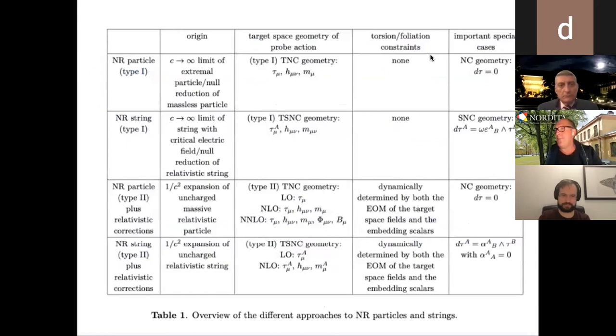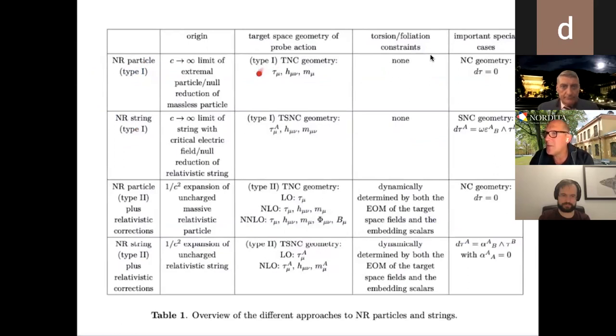I will not go through this entire table, but what emerges is that in the type 1 case, be it particle or string, this is the geometry I talked about. One does not find any torsion constraints.